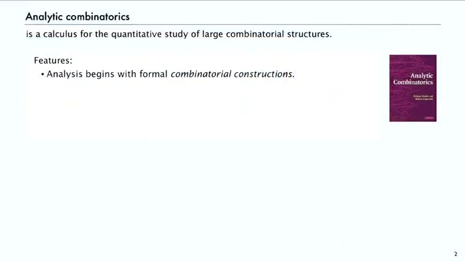So the basic feature of analytic combinatorics is that we begin with formal combinatorial constructions. That is, we have a mathematical way to specify what it is that we're studying. The generating function that we talked about in the third lecture is really the central object of study in analytic combinatorics.